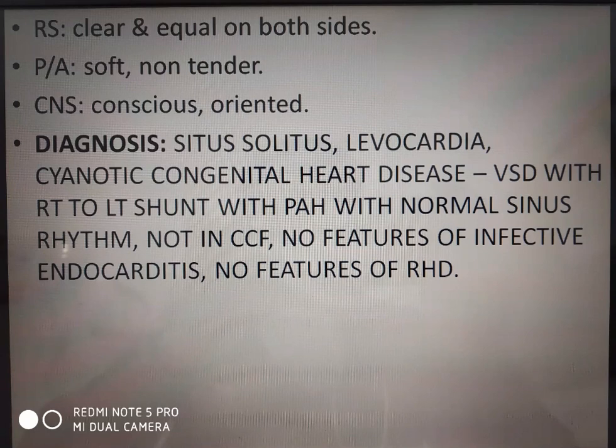Sir, coming to diagnosis: situs solitus, levocardia, cyanotic congenital heart disease, most probably ventricular septal defect with right to left shunt, with pulmonary artery hypertension. Once you say VSD with right to left shunt with pulmonary artery hypertension, you should also make a statement: Eisenmenger syndrome.